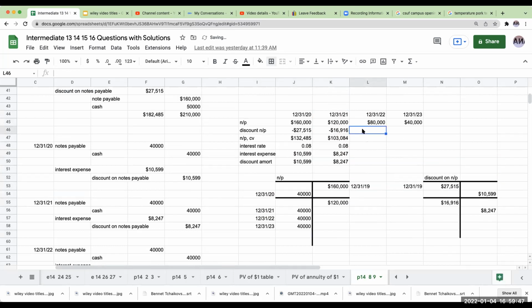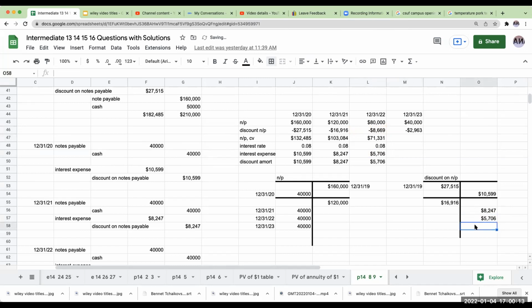Okay, so my new discount is going to be my prior discount plus what I just amortized. So my note payable carrying value is now 71,331. So my interest expense is going to be 5,706, and that's going to be the same amount for my discount amortization. Now over here, my discount on my notes payable, I amortized it again.